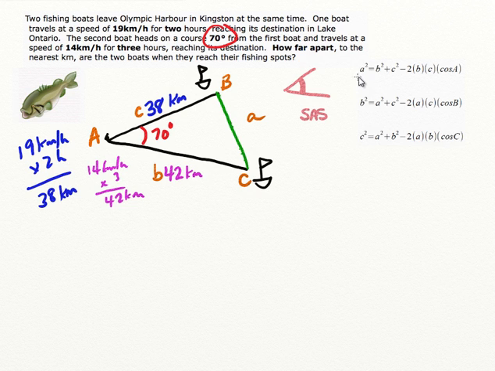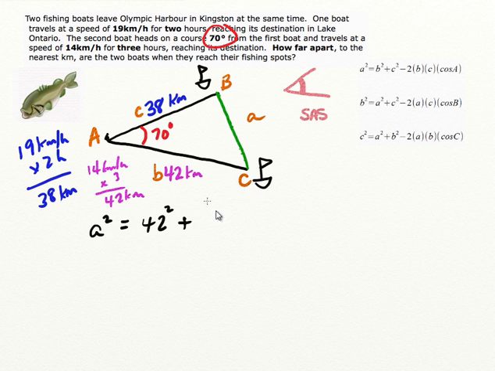We are going to use the side version where we're solving for a side, and it's as simple as just making sure you plug in the values properly, and we'll just solve for the side length of little a, which is the distance that the boats are apart. So a squared is going to be equal to b squared, and little b was 42, plus c squared.